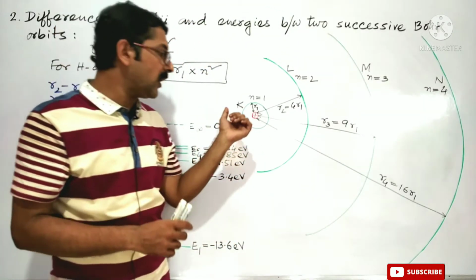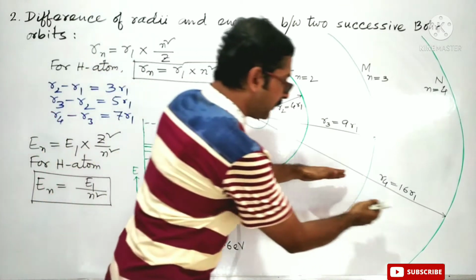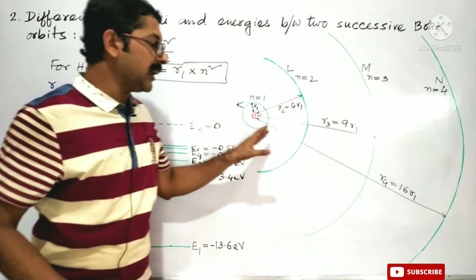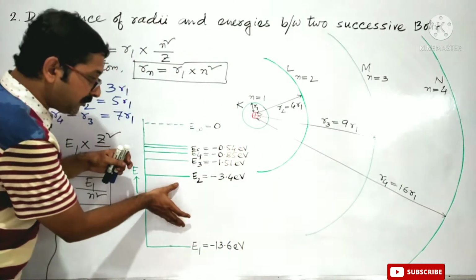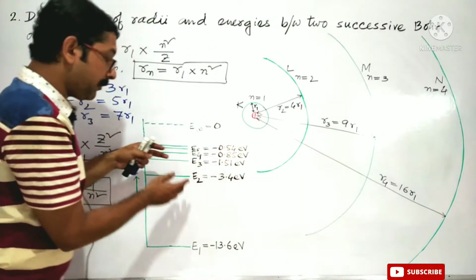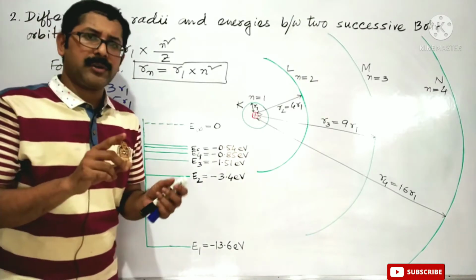So as we go further from the nucleus, the difference in radius between the Bohr orbits increases gradually, and the energy difference between the successive Bohr orbits decreases gradually. This is a very important idea.